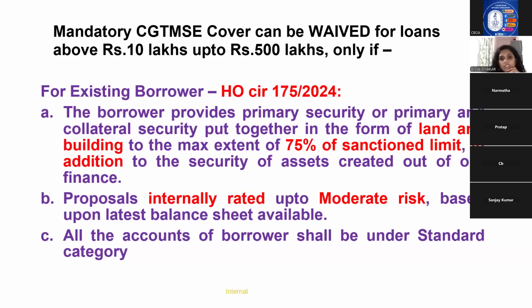Land and building to an extent of 75% of the sanction limit, in addition to the security of assets created out of our finance. Again, it has to be up to moderate risk, and it shall be under standard category.